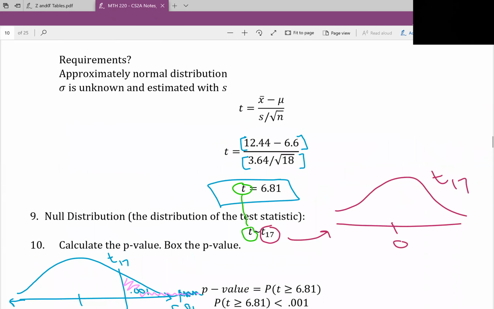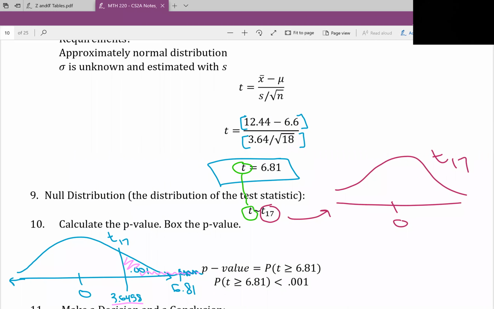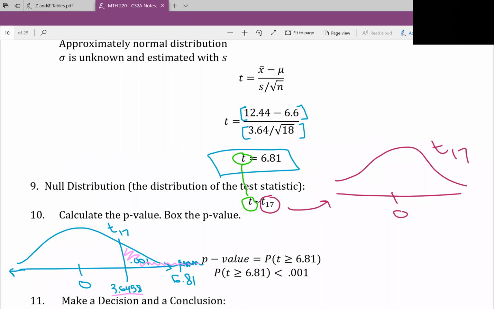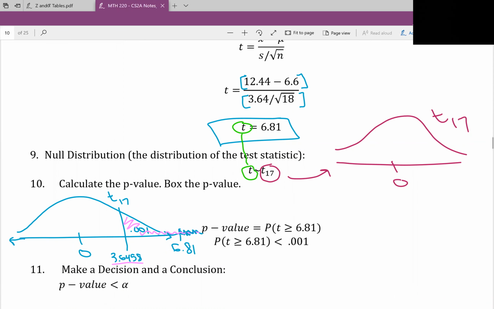Okay, so calculating that test statistic, writing that null distribution, calculating the p-value, that was kind of new stuff, but now it's come to making a decision and writing a conclusion. This is going to be the same as it always has. So is our p-value low? Yes, our p-value is low. It's smaller than 0.001, so our p-value is lower than any reasonable significance level.